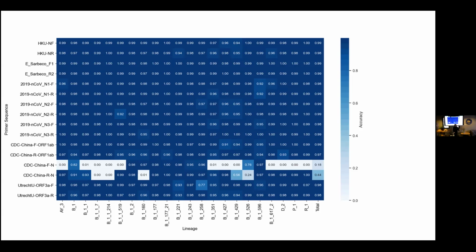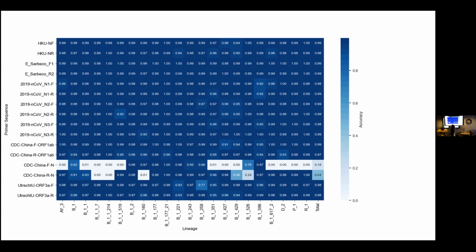Okay? The original primers, this one from the CDC China, you can see that by Alpha, B.1.1.7, they stop working. The forward and the reverse both need to work in order to detect. So this one, the forward from China, you can see in which variant it stops working.